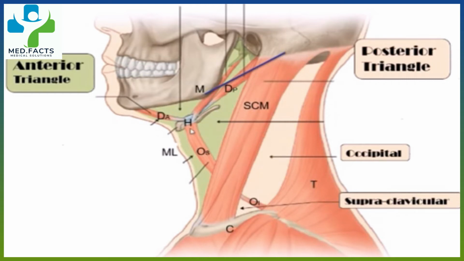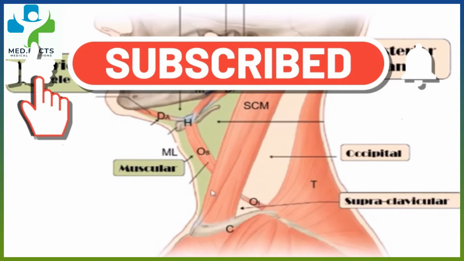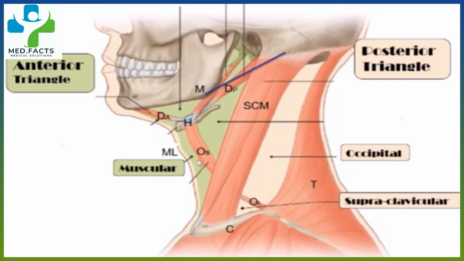Coming to the smaller triangles which are within the anterior triangle, one is the muscular triangle. So the first triangle, this is called the muscular triangle.